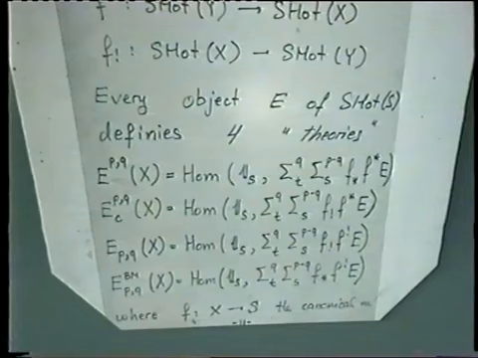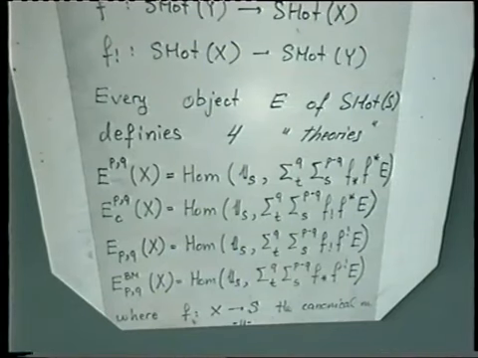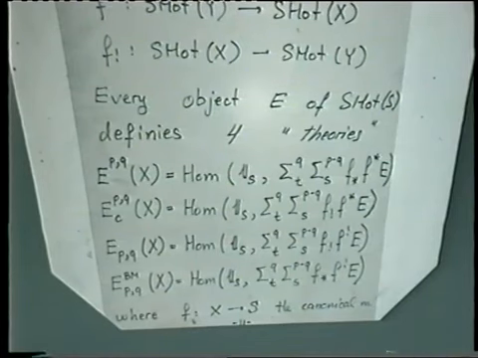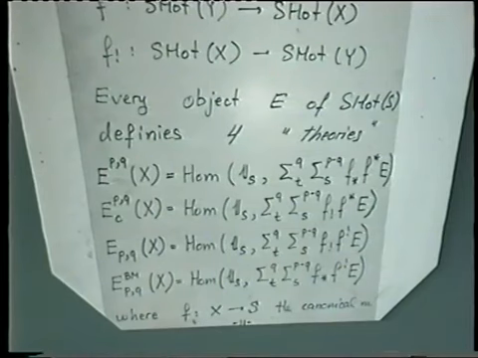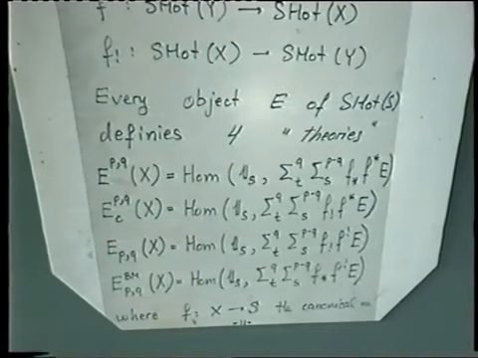So the objects of this category are spectra. First of all, there is something called a space over S, which is basically a sheaf of sets on the category of smooth schemes over S in a certain topology. In particular, a scheme defines a representable sheaf, and this is an embedding of smooth schemes into the spaces.